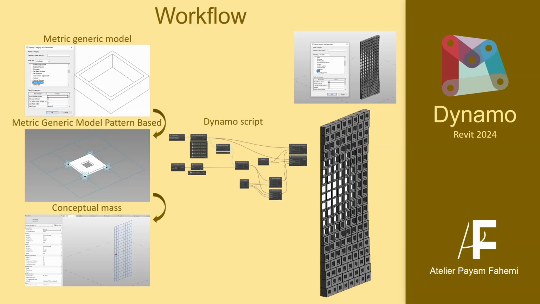And then we are gonna actually select a single point, which is our attractor, and through a Dynamo script we are going to select both families inside conceptual mass and our point. And set up our Dynamo script so that the panels can be parameterized and the ultimate goal of this workflow would be a parametric panel, as you can see in the right image.